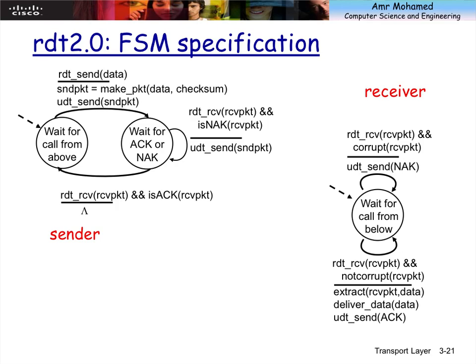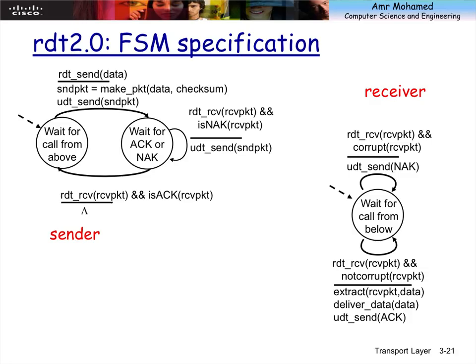So if I receive a negative acknowledgement, I will send and loop in the same state. Only if I receive an acknowledgement do I go here. I don't have to do anything in that case. Phi here stands for nothing. Successful, the packet is delivered. I will go here and wait for another segment.